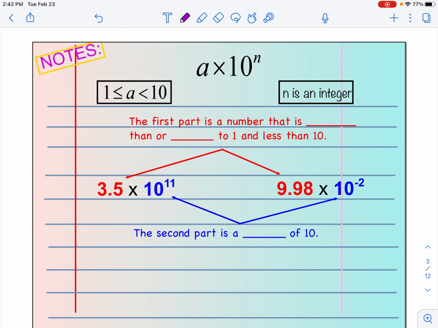Okay, so when we look at this, a times 10 to the nth power, the first part is a number, again, I've mentioned this before, that is greater than or equal to 1 and less than 10.